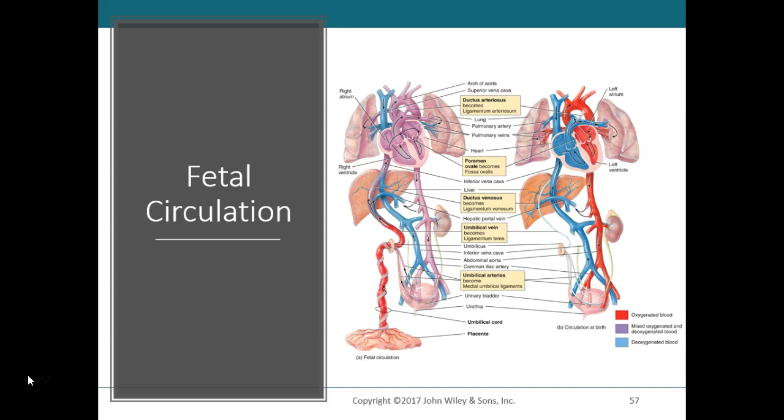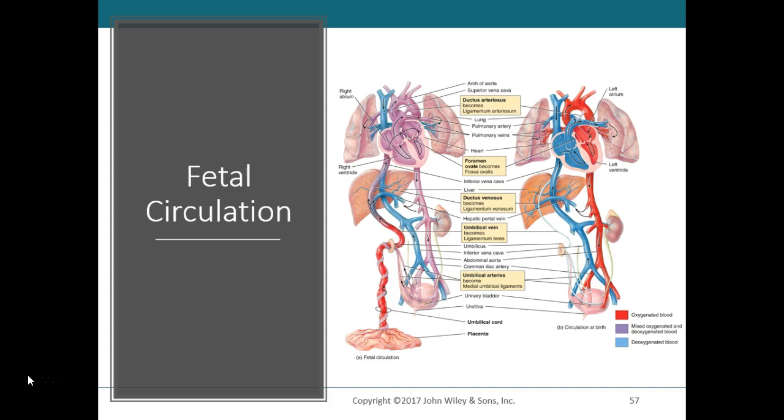Most of that fetal blood doesn't pass from the right ventricle to the lungs like it does in our blood, right? So remember, in our circulation, the right ventricle contracts and we send all that deoxygenated blood out to the lungs for oxygenation to drop off that CO2. That doesn't happen that way in the fetus because the fetal lungs are non-functioning.